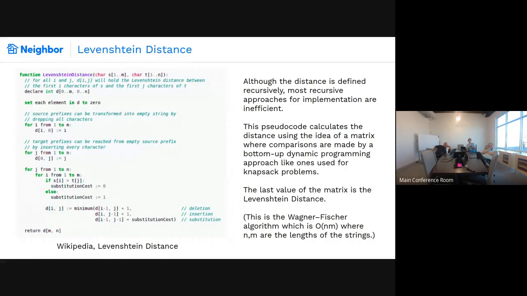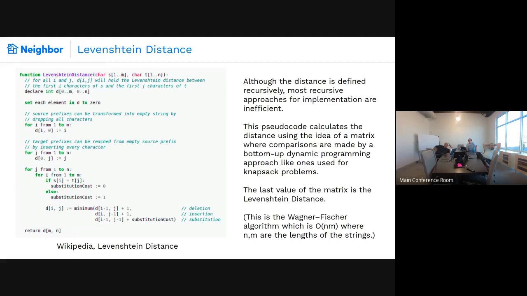And basically you can build out a matrix. This is a topic for another time, dynamic programming approaches. But you can build out a matrix and just calculate the values for each part of the matrix that lines up, telling you between, say, the second letter of one word and the second letter of the other word, what kind of edit operation you had to do to alter from one to the other, if any.